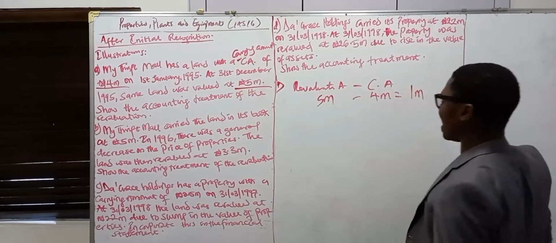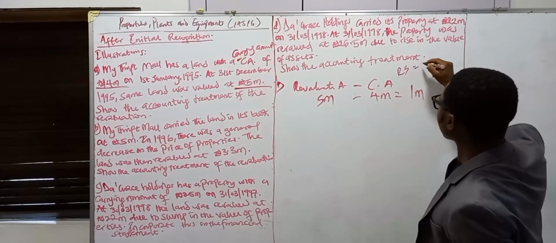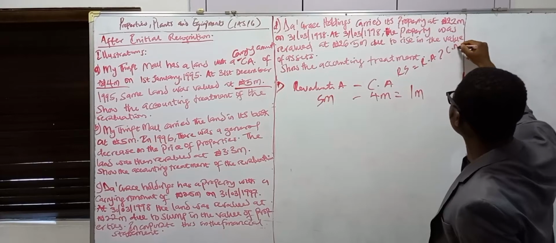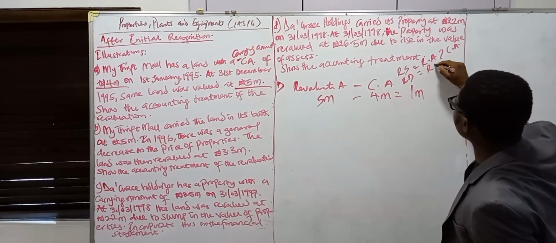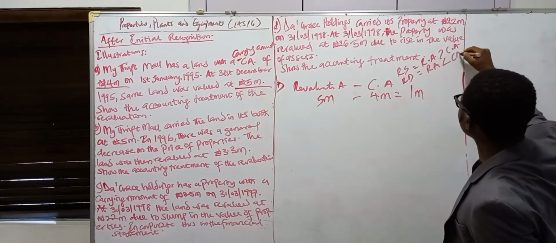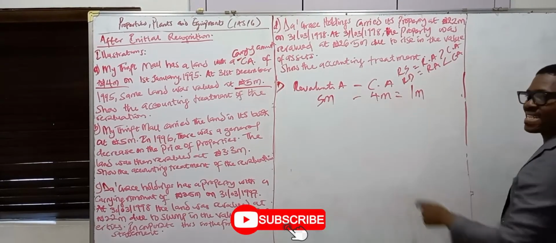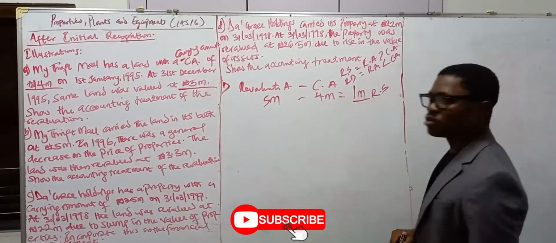What's the revaluation amount? 1 million naira. And we said that revaluation surplus happens when the revaluation amount is greater than the carrying amount, and revaluation deficit happens when the revaluation amount is less than the carrying amount. Looking at this question, the revaluation amount is greater than the carrying amount. That means that this 1 million is revaluation surplus.